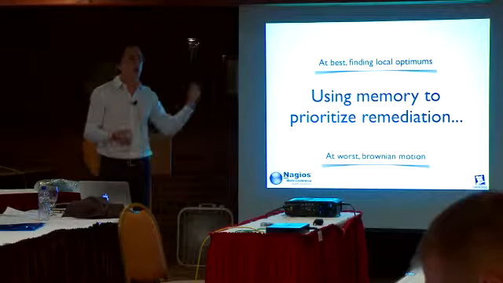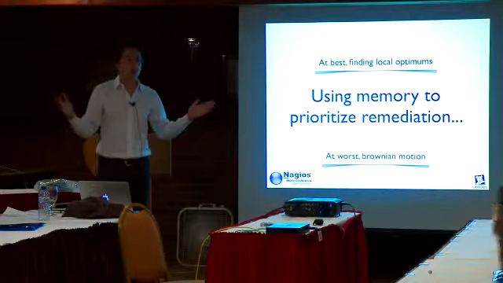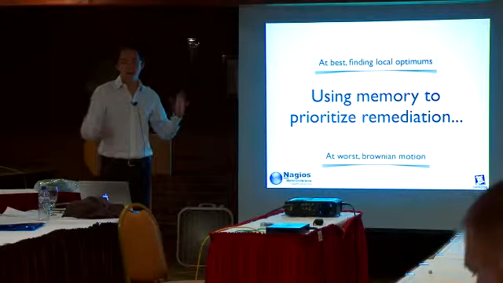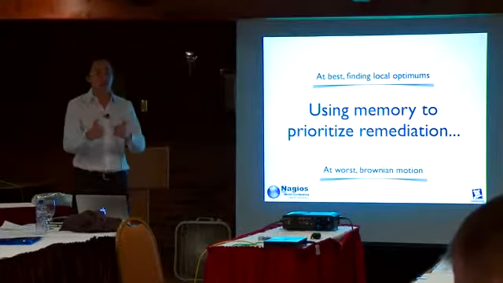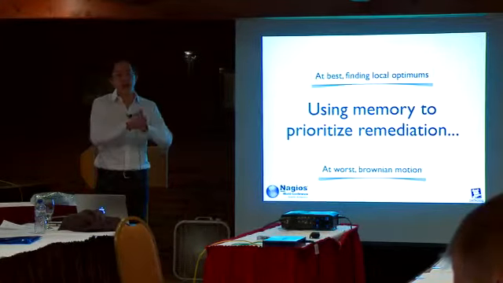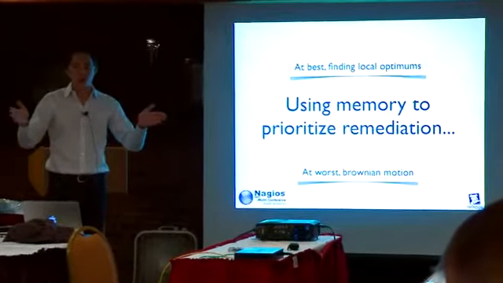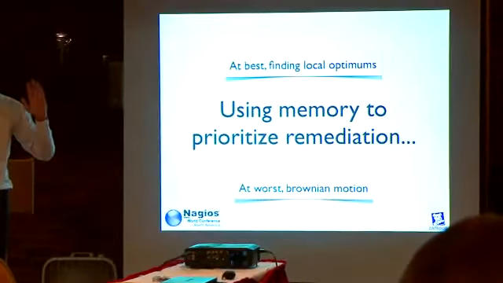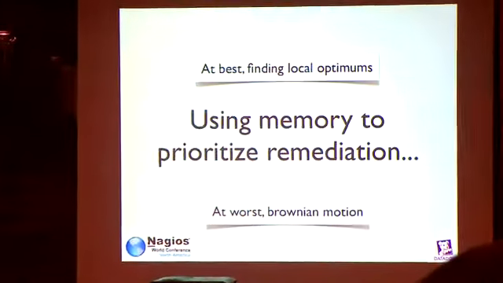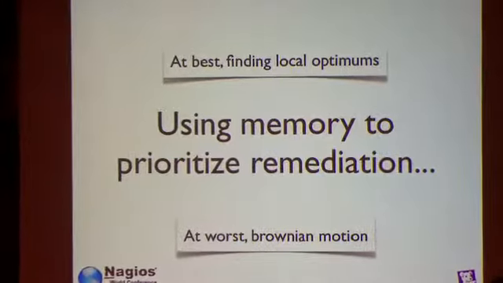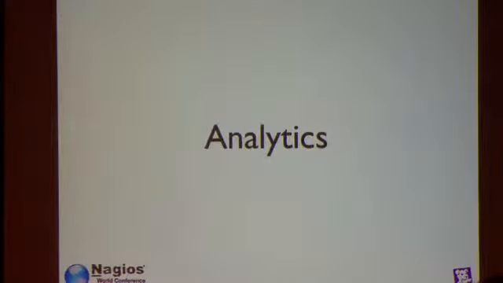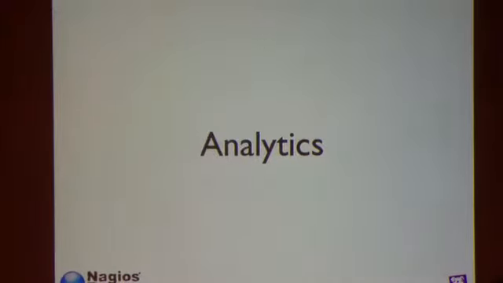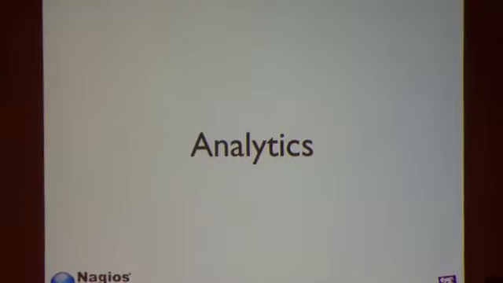I think the problem is that as you grow your infrastructure, if you just use memory and local response, really reaction, there's no guarantee that as the infrastructure grows, you're going to converge to a state where you can sleep entire nights. So that's basically what drew me, this little introduction, what drew me to think about Nagios Analytics.